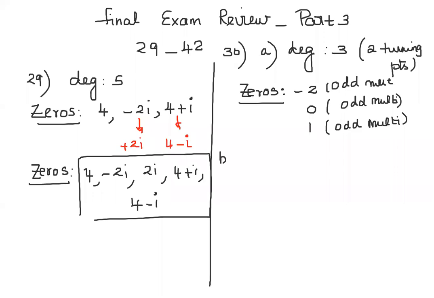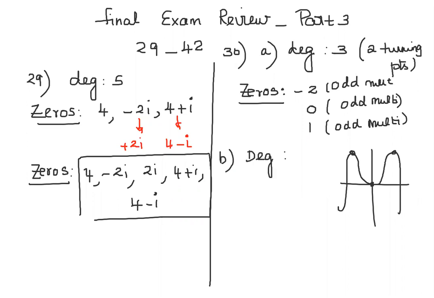So let's do B. How many turning points do we have in the graph? So the graph goes like this. There is 1 turning point, 2, and 3. So the degree is going to be 4.